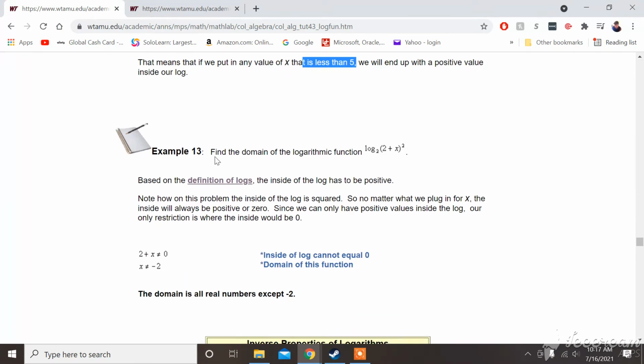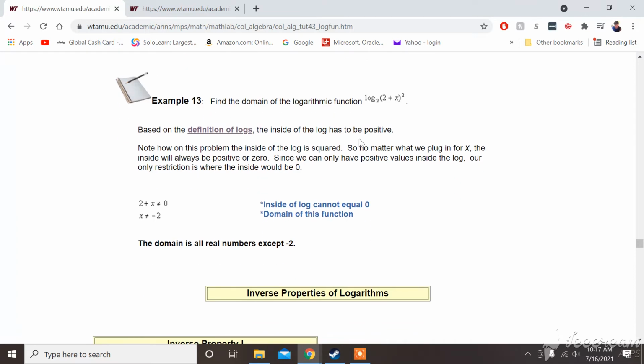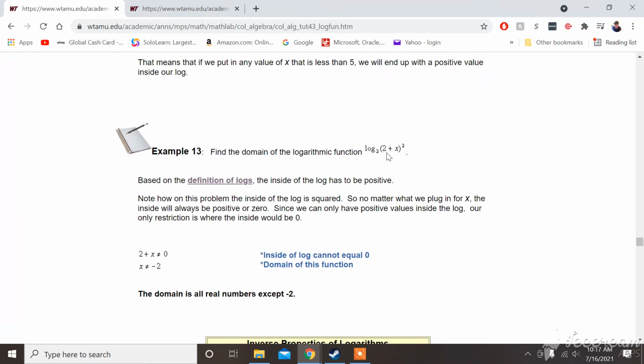Okay, find the domain of the logarithmic function log base 2 of (2 plus x) squared. Based on the definition of logs, the inside of this log has to be positive.